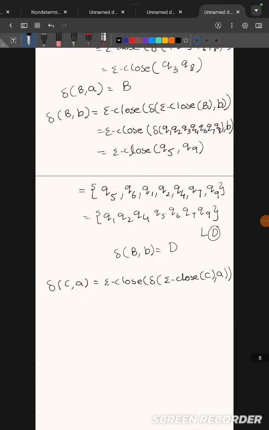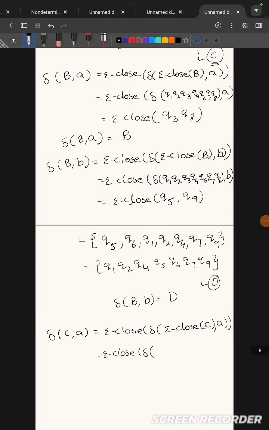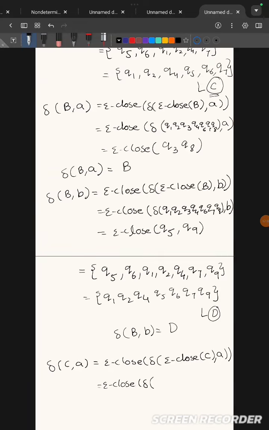What are the states we have for C? Q1, Q2, Q4, Q5, Q6, Q7.